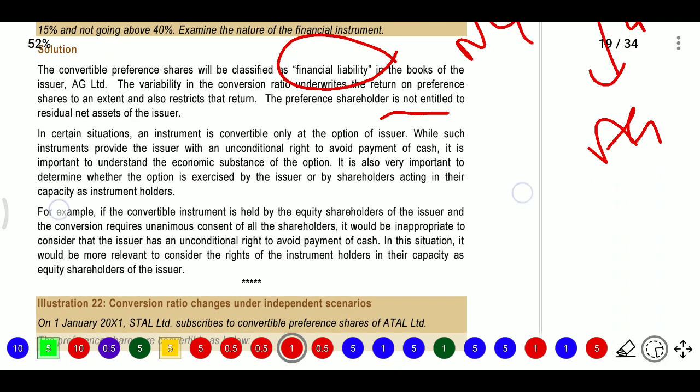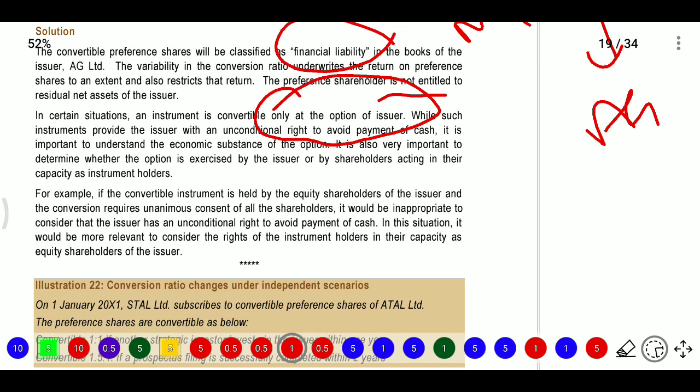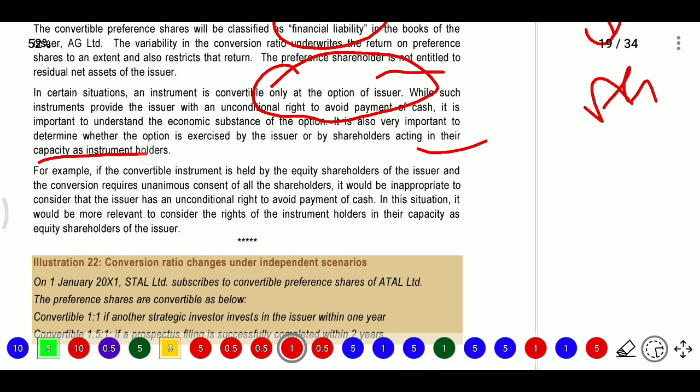In certain situations, an instrument is convertible only at the option of the issuer, and such instruments provide the issuer with an unconditional right to avoid payment of cash. It is important to understand the economic substance of the option. It is also very important to determine whether the option is exercised by the issuer or by shareholders acting in their capacity as instrument holders.